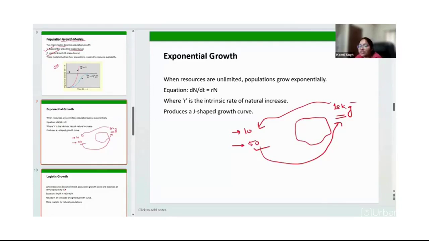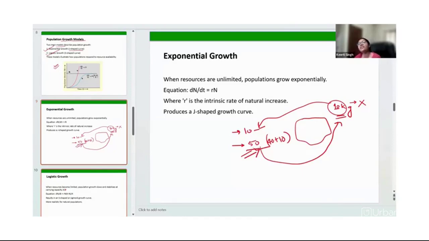If this 10 kg has now vanished, we are left with nothing. This 10 kg of food is already used up. What will happen? Of course, these 50 individuals, 40 plus the earlier 10, how are they going to survive?